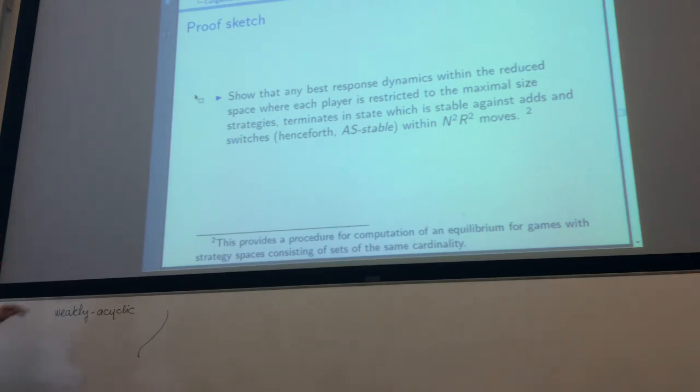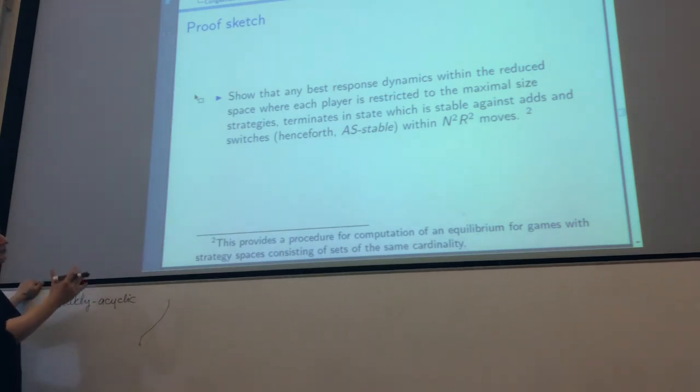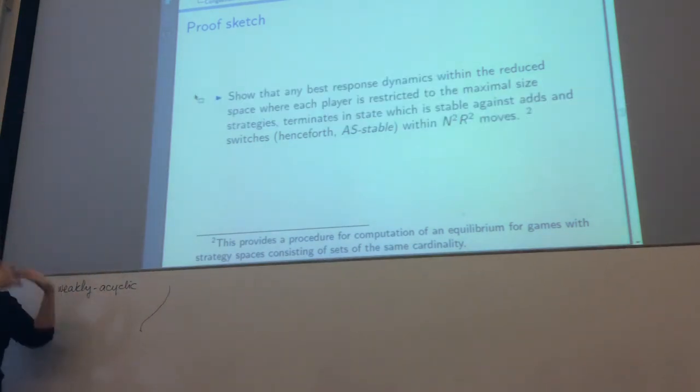So we can talk about resistance or stability of a profile against adds, switches, and drops, the elementary changes that we have. And in this case we have this beautiful property that if the profile is stable against adds, drops, and switches, it is stable. So we only need to check these three types of stability.